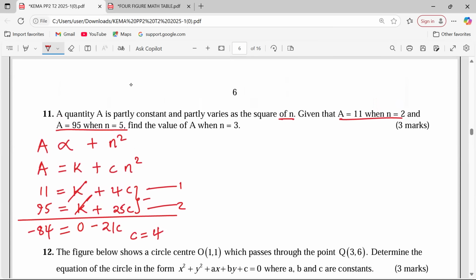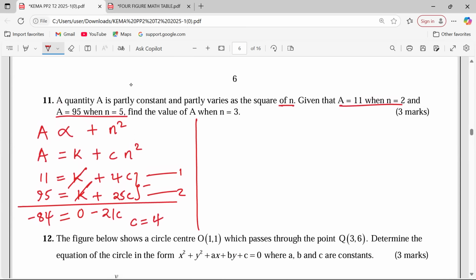What about the value of K? We now get the value of K, so that you may get the equation that relates the two quantities. According to equation 1, 11 equals K, which is unknown, plus 4, the value of C, times 4. Therefore, K plus 16 equals 11. The value of K shall be 11 minus 16. We get negative 5. Yeah, I hope I'm right there.